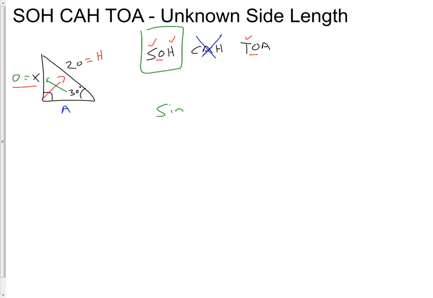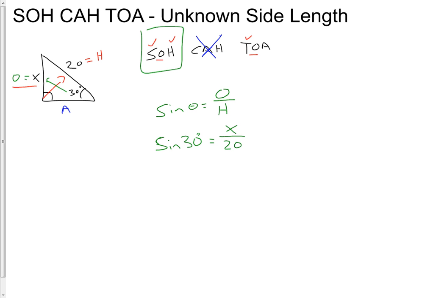I've got sine of an angle, or sine theta, is equal to the opposite divided by the hypotenuse. Now I'm going to substitute in the values that I know. My angle is 30 degrees, so sine of 30 degrees is equal to the opposite, in this case x, over the hypotenuse, which is 20.